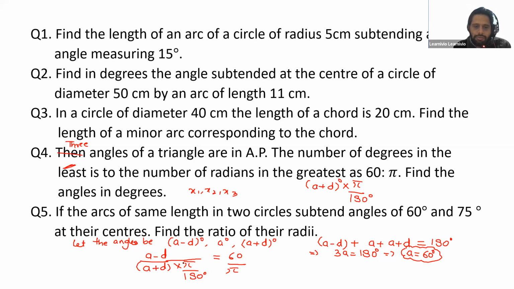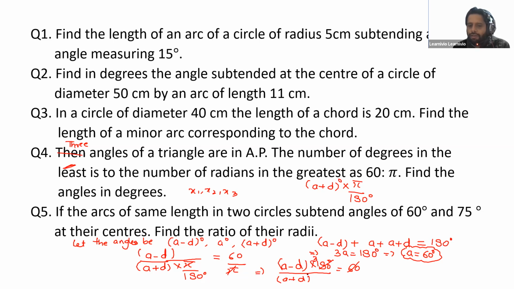Okay, so I will just cancel out these terms. So this cancels, 180 will shift to the numerator. I will write over here. Okay, I don't have space. A minus d into 180 by a plus d, and this is equal to 60. So cancel out this.